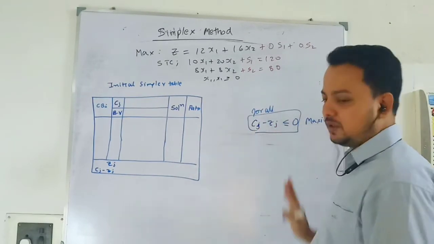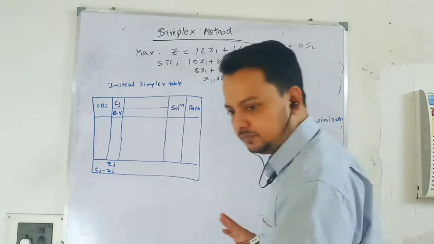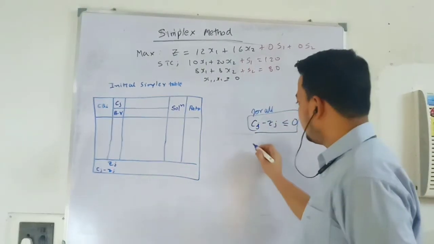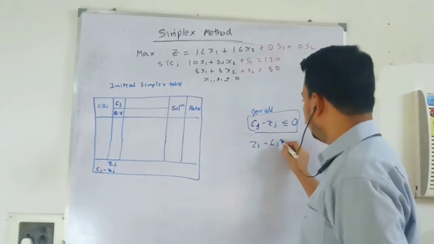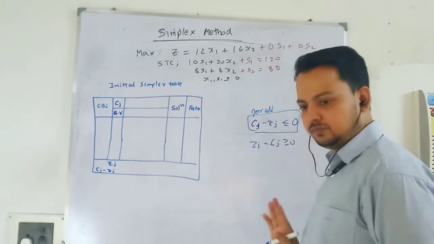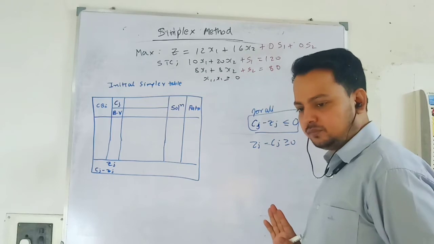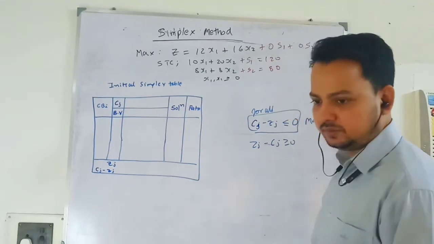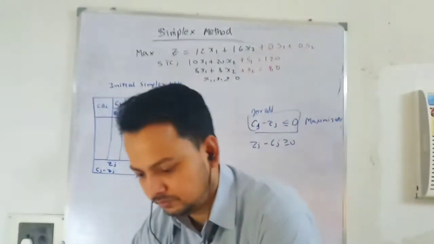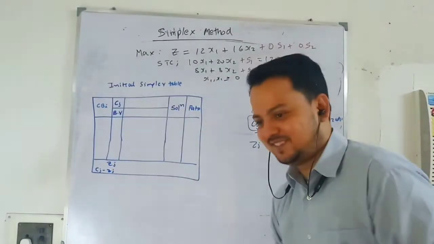This is the cost and this is the value of the objective function. Clear? Or you can look at it this way: Zj minus Cj greater than or equal to 0. Okay?